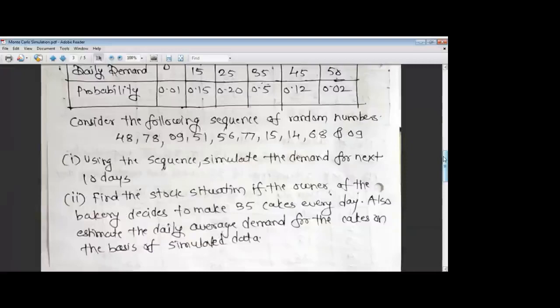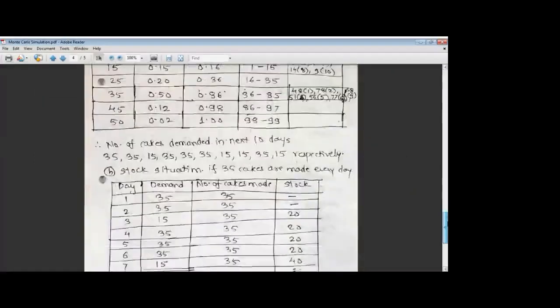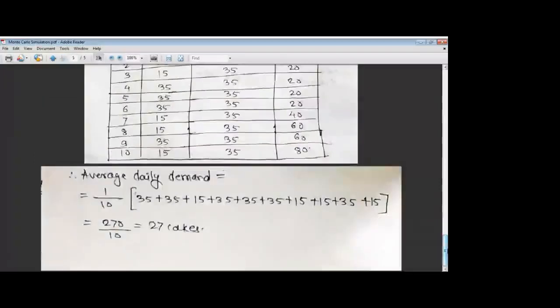Now here I agree that for a different set of random numbers you will get different values, but if the random numbers are truly random, there won't be much difference. I tried generating the random numbers, and I got the average daily demand as 28 cakes, right?